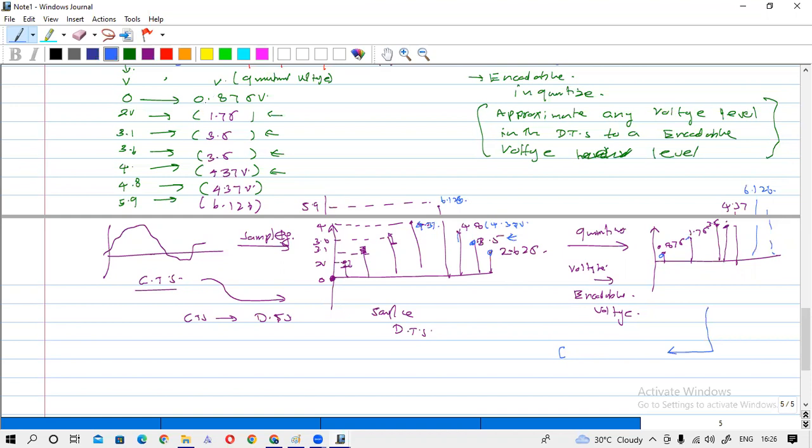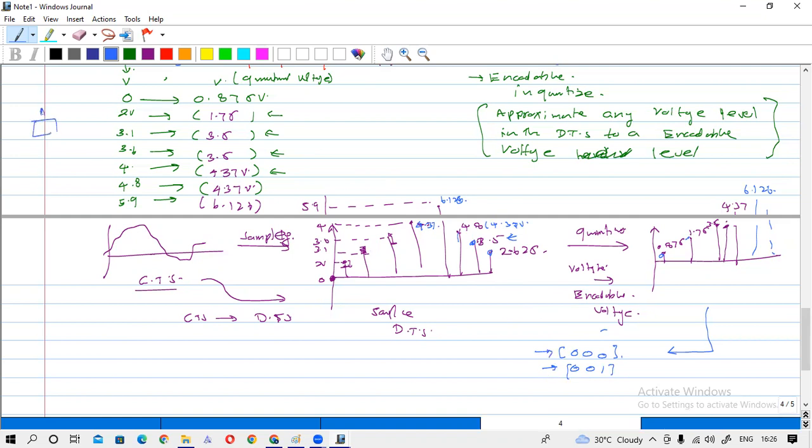For example, for 0.875, you can assign 000. For 2 volt, that is 1.75, you can assign 001. Likewise, you can assign the values. So actually, that is the process of the ADC, analog to digital converter.